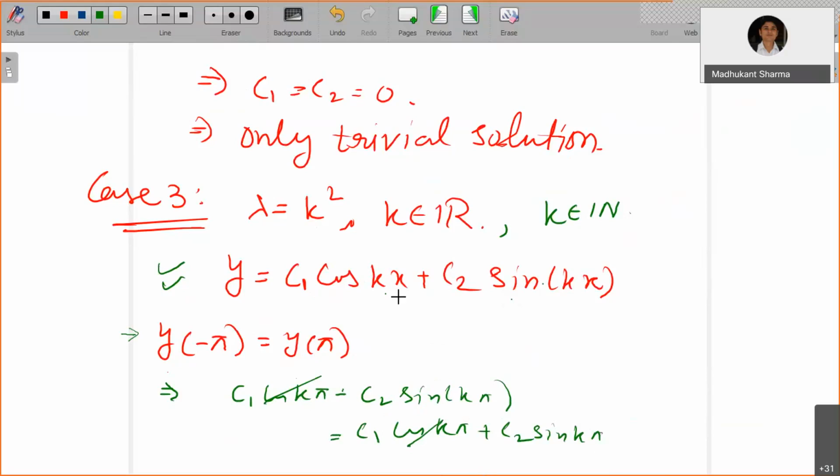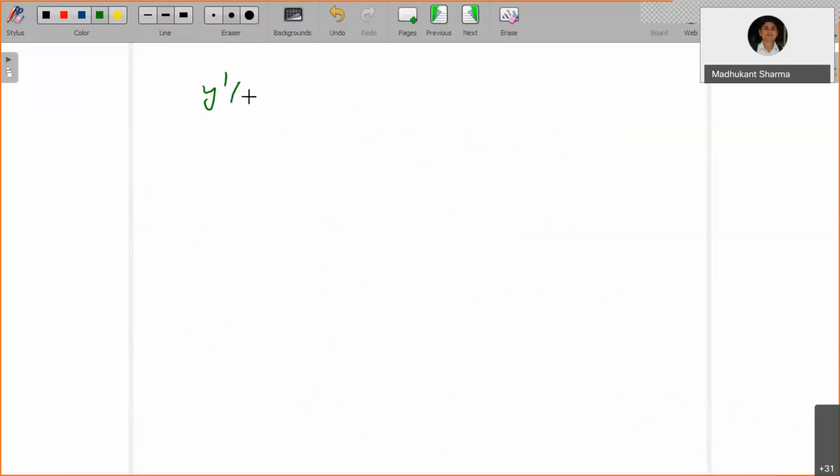Now what if you go for y dash? This implies C2 times sin k pi is 0, which means k equals plus minus n. Now if you go with the second condition, y dash at minus pi is equal to y dash at pi.